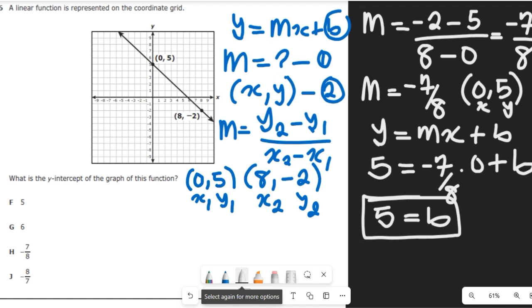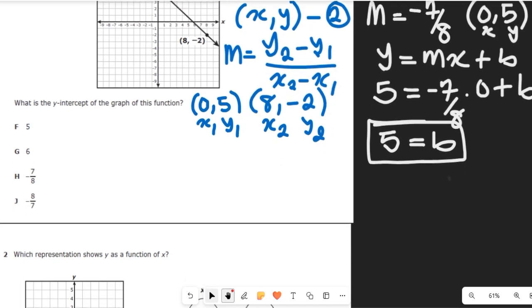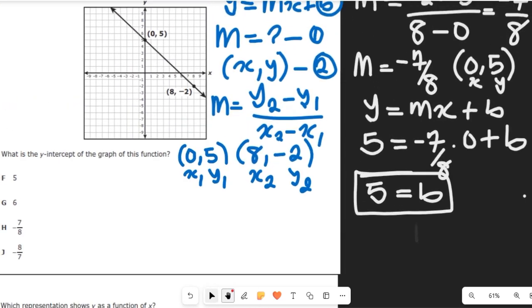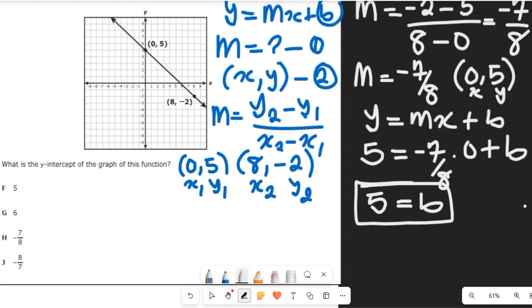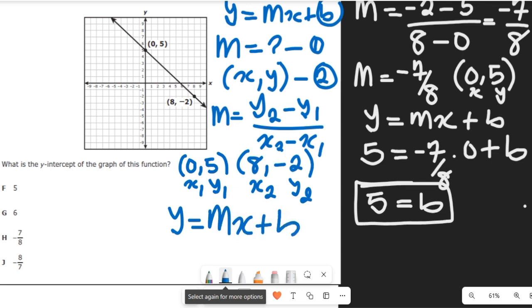That is it. So what if I decide to use the other coordinates? Then remember that if I want to use the other coordinates, I'm going to have my y equal to mx plus b, and I'll have the coordinate to be 8, negative 2.